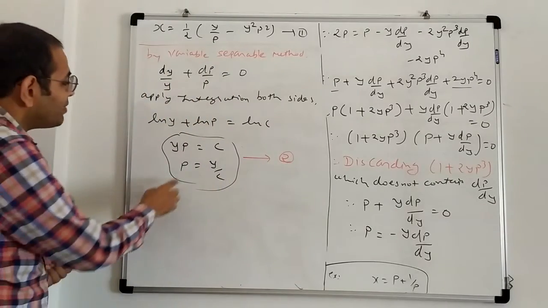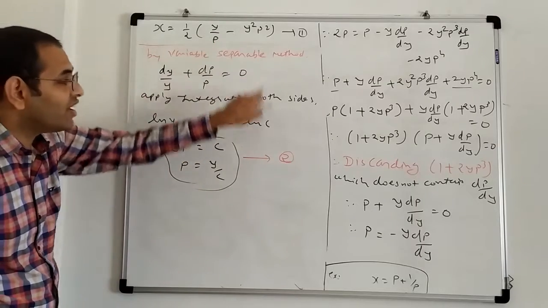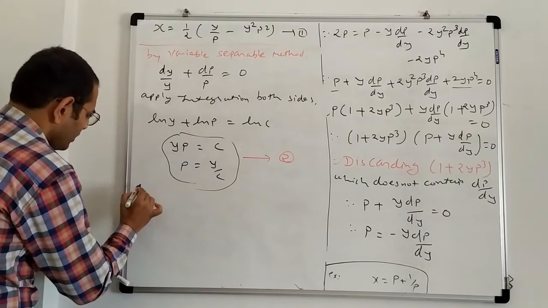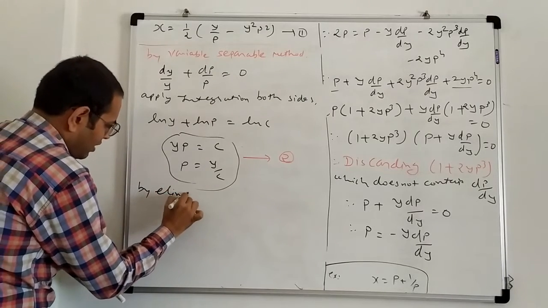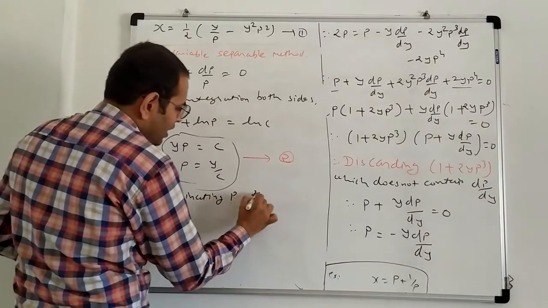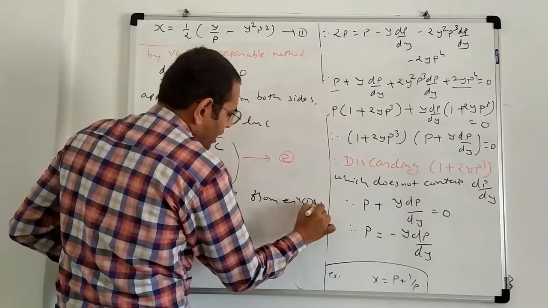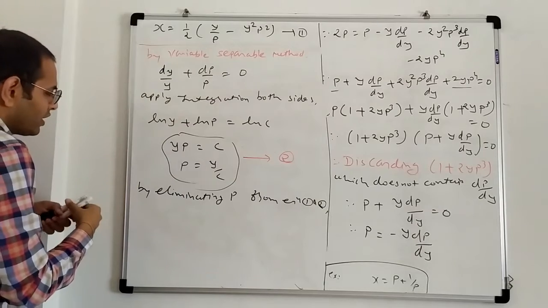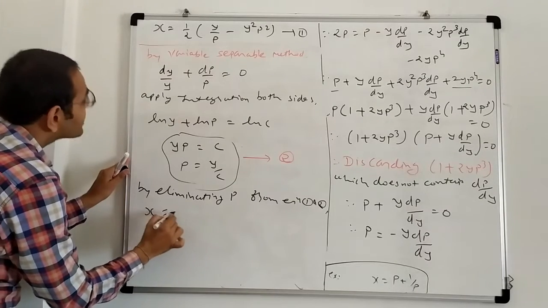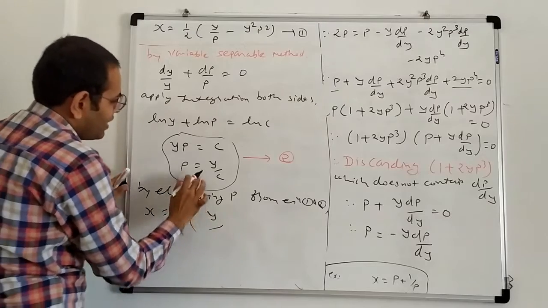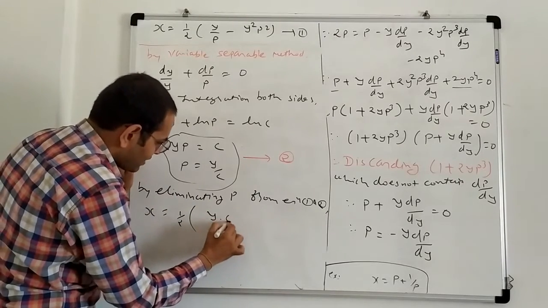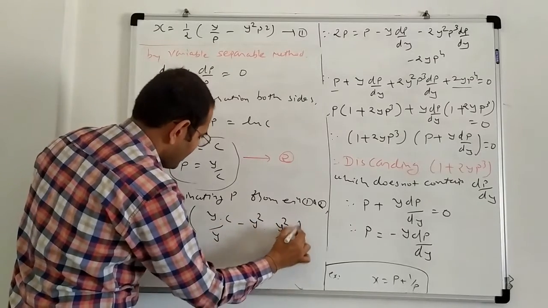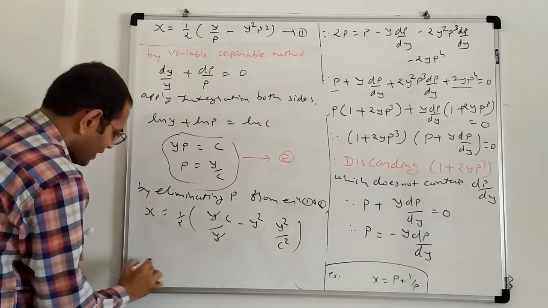Now we eliminate p from equation 1 and 2. Substitute the value of p in this equation and we get x equal to 1 by 2, y p, meaning y by c, minus y square p square is y square by c square, y cancels out.